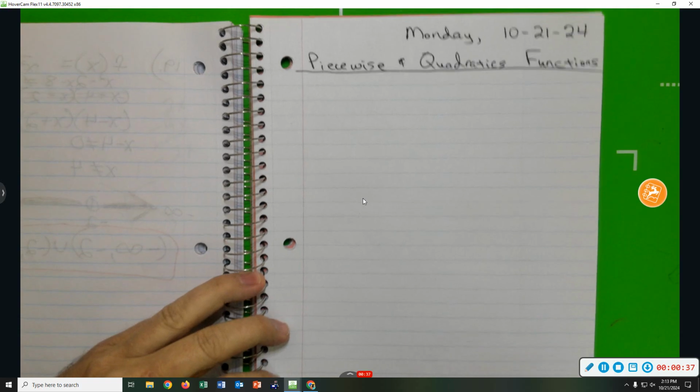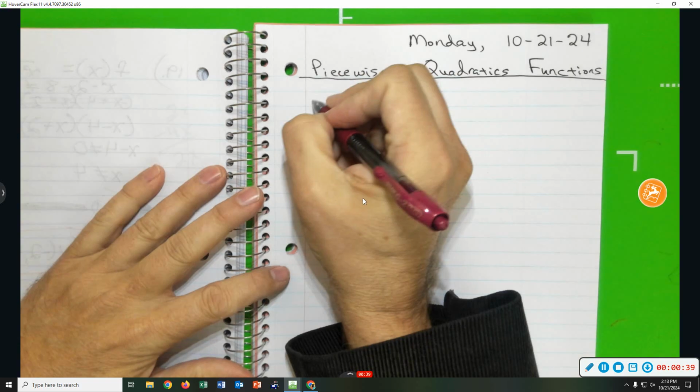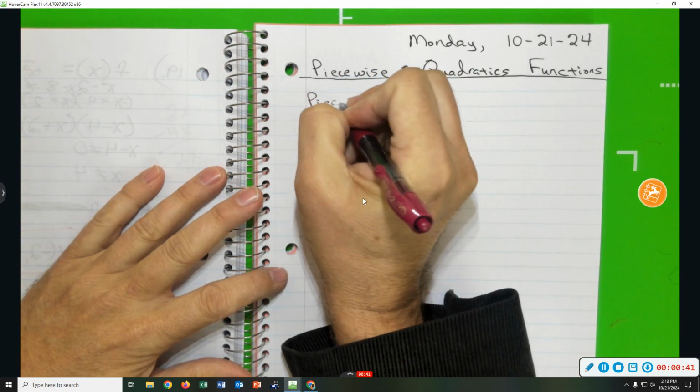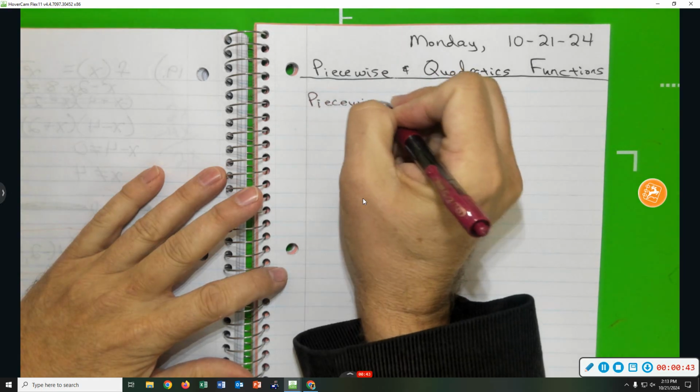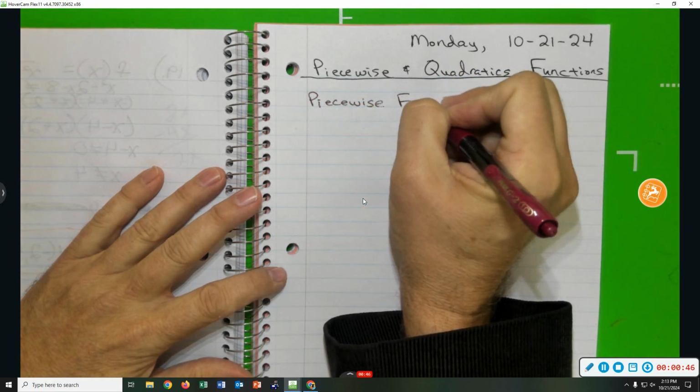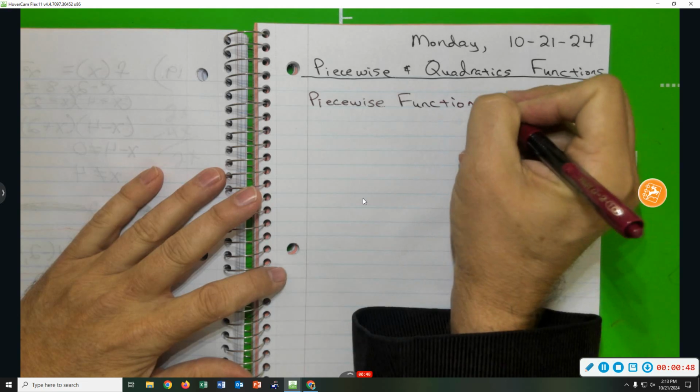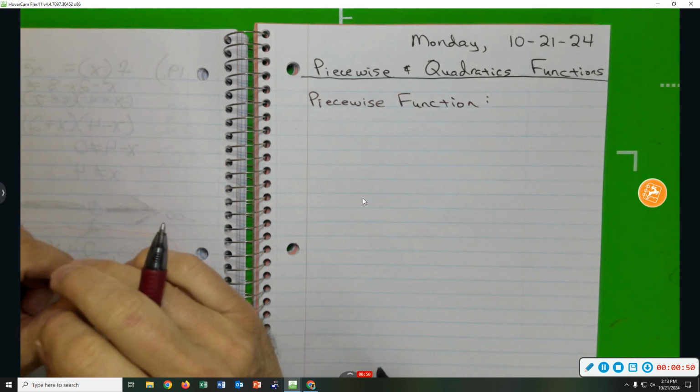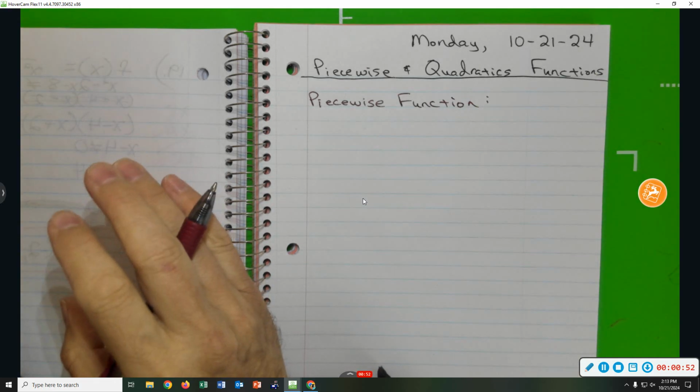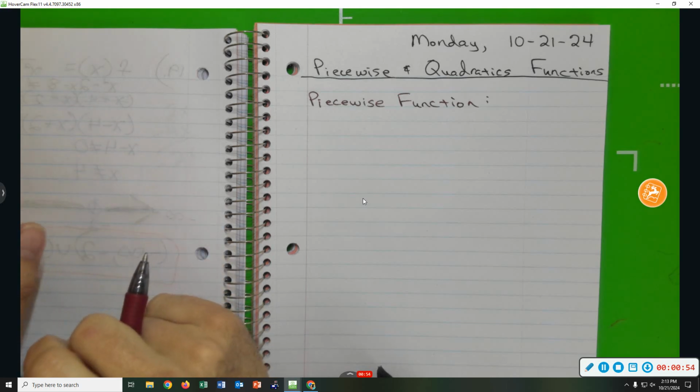And a piecewise function is a function that's defined using more than one algebraic piece or algebraic expression.